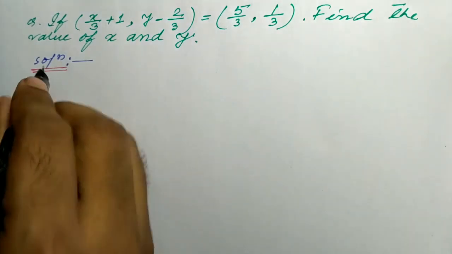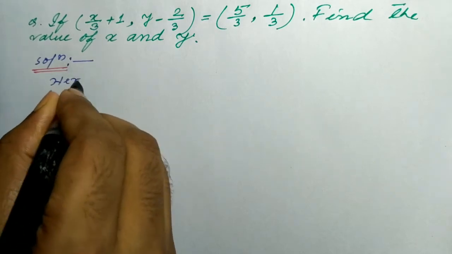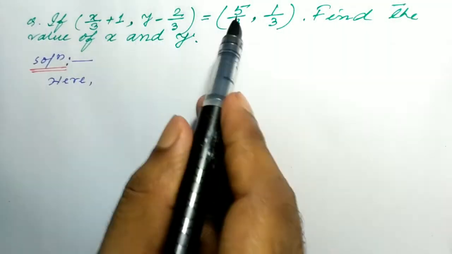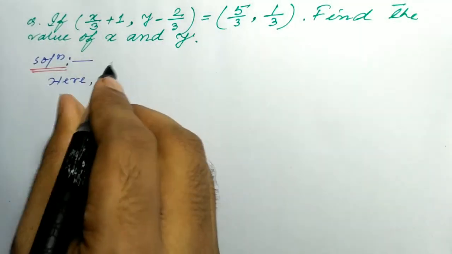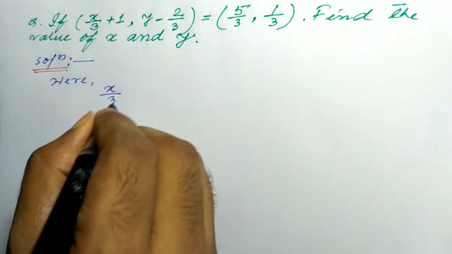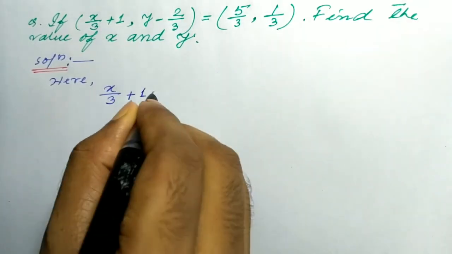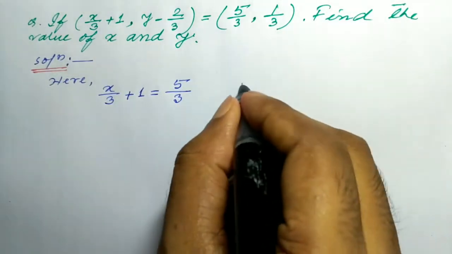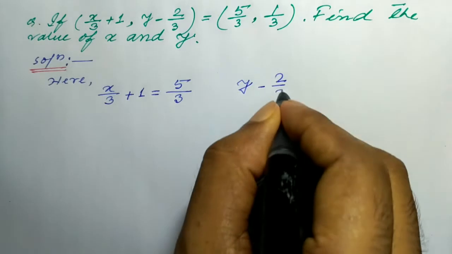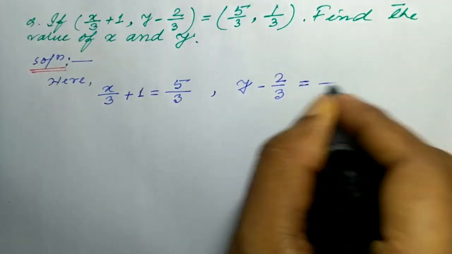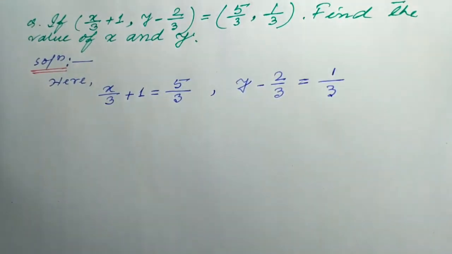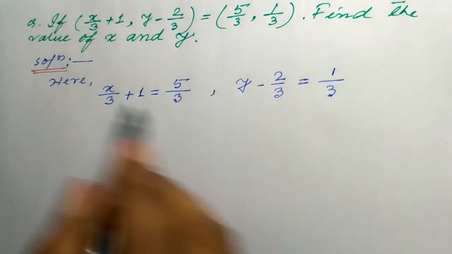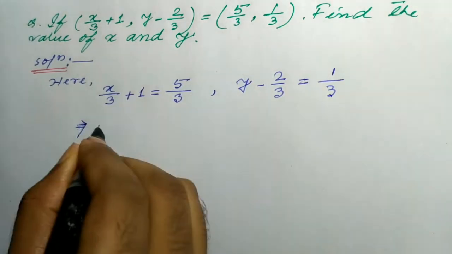So here, if these two ordered pairs are equal, then x/3 + 1 will be equal to 5/3 and y - 2/3 will be equal to 1/3. Let's solve these two equations.